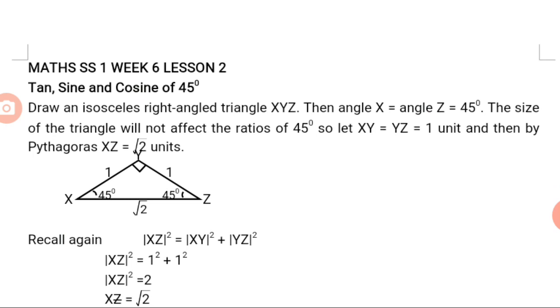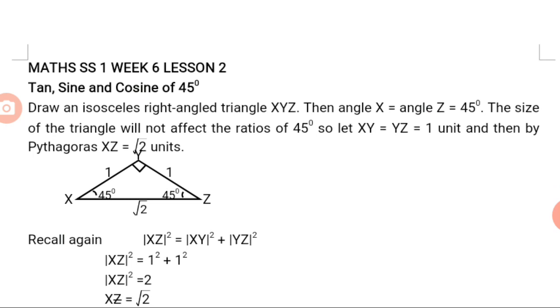As we all know, an isosceles triangle is a triangle where two sides are equal and the two base angles are also equal. But in this case, it will be right-angled. That is, one of the angles will be equal to 90 degrees, and the two other angles will be complementary angles.